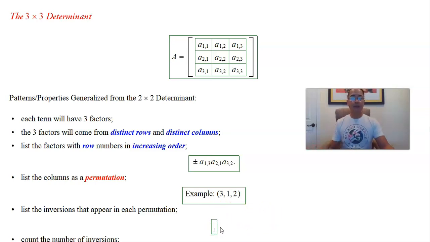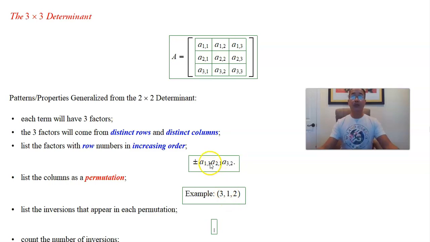Okay, so what we're going to do next is we're going to list the inversions that appear in each permutation. So in the 2 by 2, we said, oh, the columns are in the wrong order, the reverse order. Okay, but there are lots of ways to reorder 1, 2, and 3. And I hope you're counting in your head what we did.